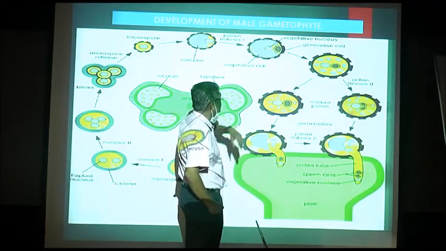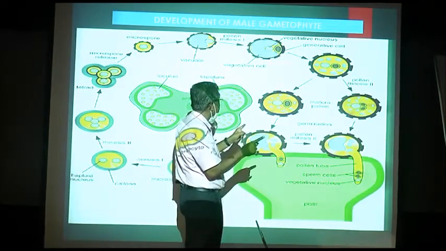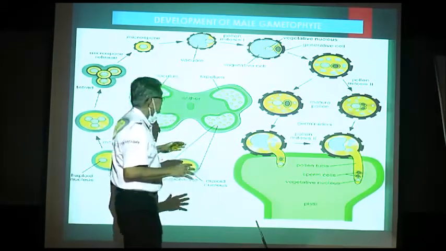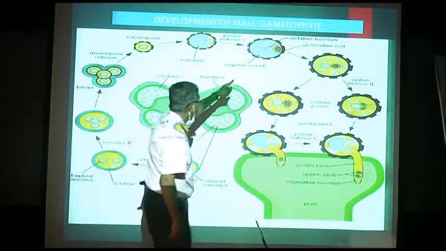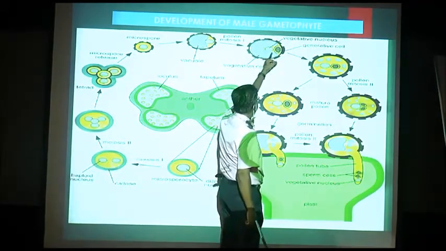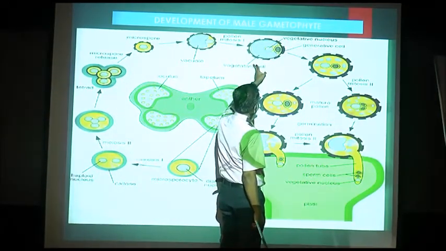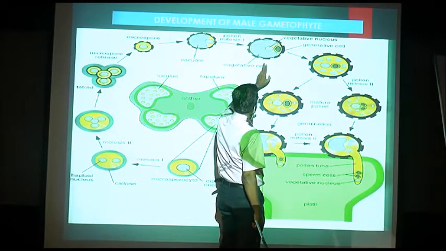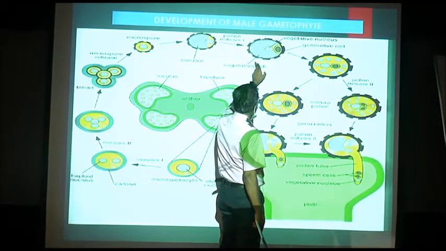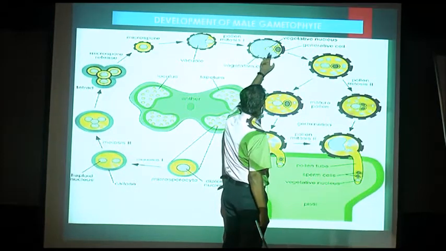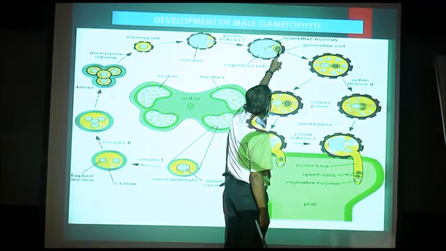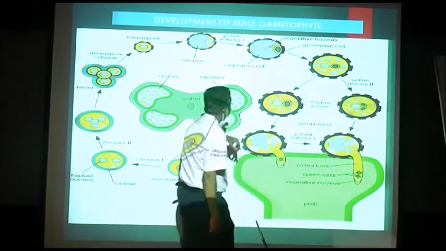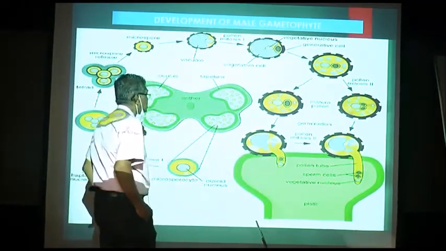The pollen grain nucleus divides into 2, and one is pushed to one side because of a vacuole. This is the vacuole, and the vacuole is present in the vegetative cell, which is very large. It has a nucleus, and this is the generative cell, which has also got a nucleus.